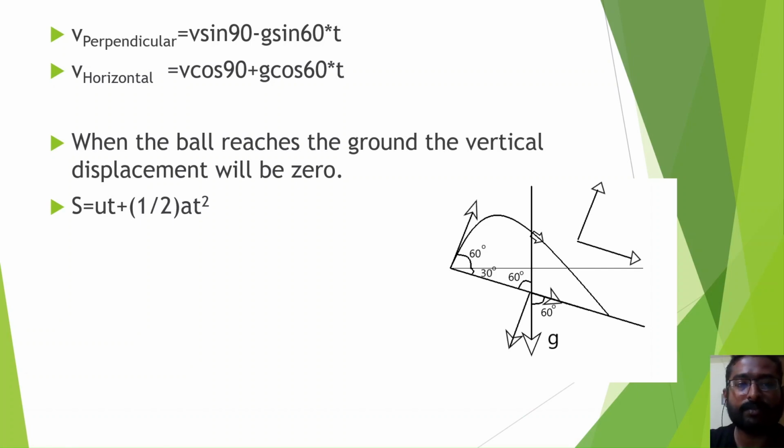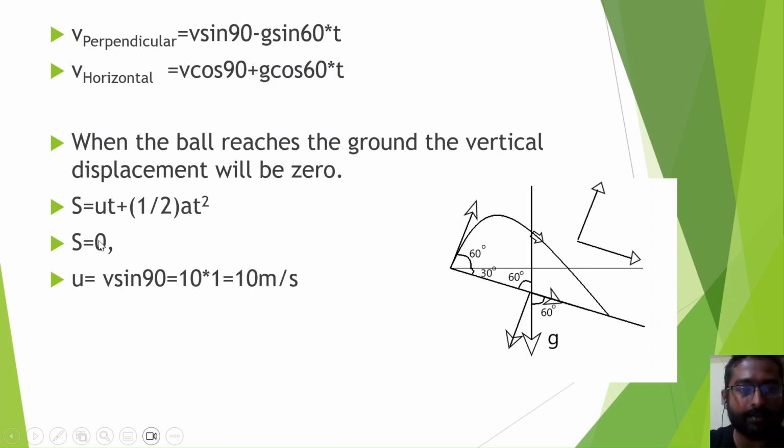So we have the relation s equal to ut plus half a t square. It can only be used when acceleration is constant, that you all know. Here s equals 0, since we are applying the condition when the ball reaches here, the perpendicular displacement is 0. u is the initial perpendicular velocity, that is v sin 90.